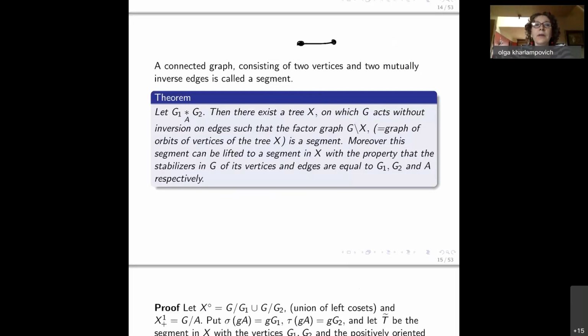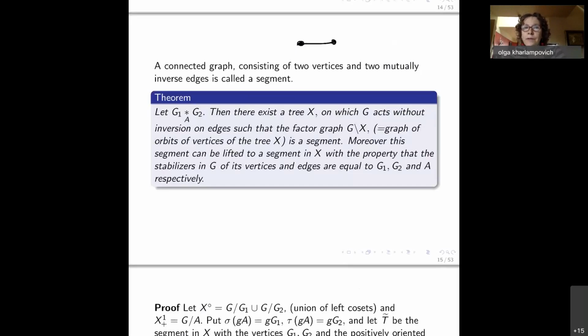Okay, so the first theorem. If we have an amalgamated product, then there exists a tree X on which this group acts without inversion on edges, such that the factor graph. Okay, what is the factor graph? If the group acts on some tree, what is the factor graph? The factor graph over the action is a graph of orbits, right? So it's a graph of orbits of vertices of the tree.